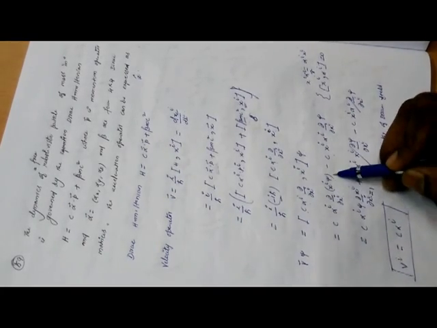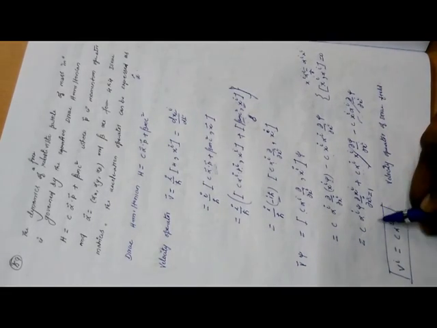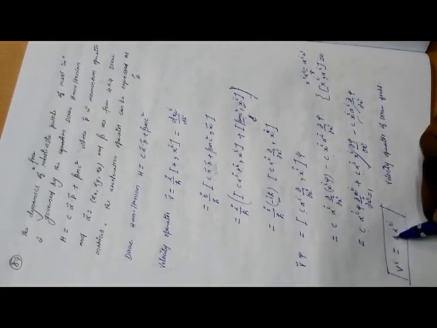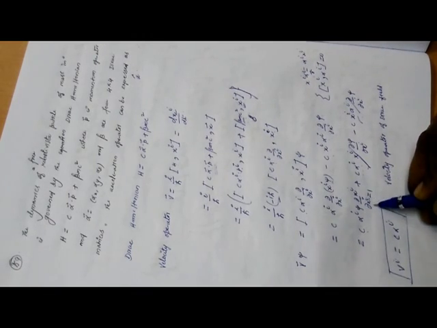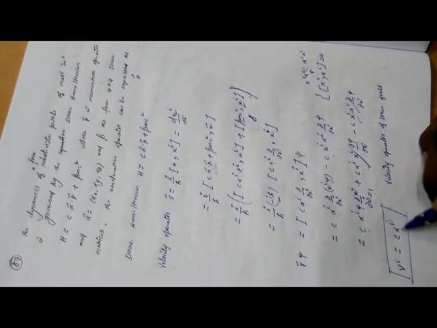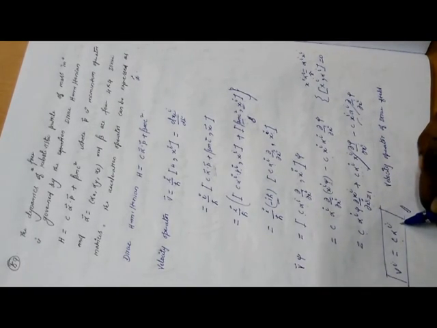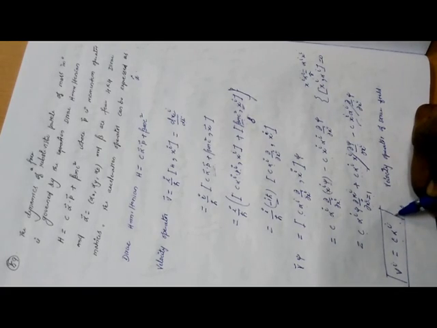Now keep the x i outside, dou by dou x i acting on psi, minus this quantity. If you see this equal to this, we can cancel these two. So the final answer is velocity operator equal to c into alpha i, because dou x i by dou x i is equal to 1. If you are removing psi on both sides, the velocity operator will give c into alpha i. For finding the acceleration operator, we are going to use this result.